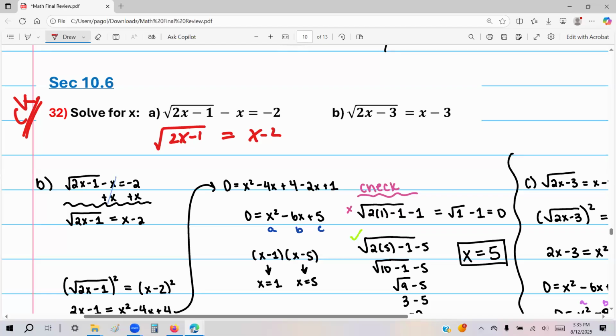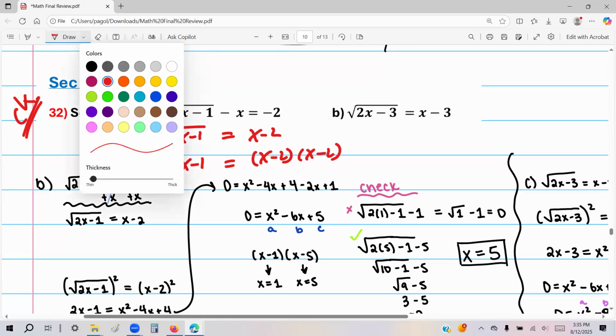In the next line, I saw a few of you did this. 2x minus 1 equals x minus 2, x minus 2, which is amazing. In this way, you're not going to make a mistake of distributing the power. So get here the radical, as a result, you multiply the same thing twice. This is the purpose, this is what the square does.